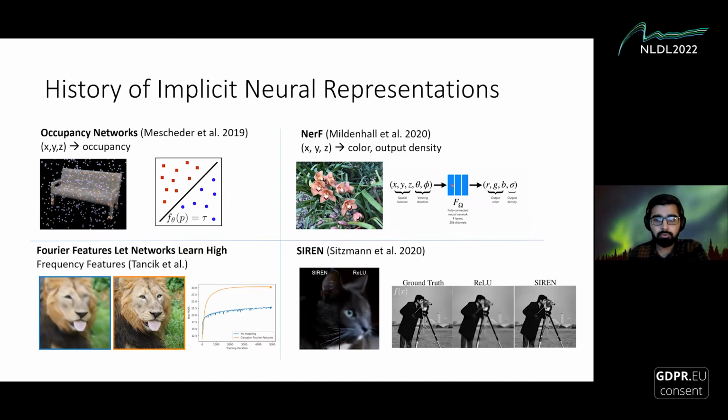Therefore, they propose to leverage periodic activation functions for implicit neural representations. And they demonstrate that these networks, which they call SIRENs, are ideally suited for representing complex natural signals and their derivatives.